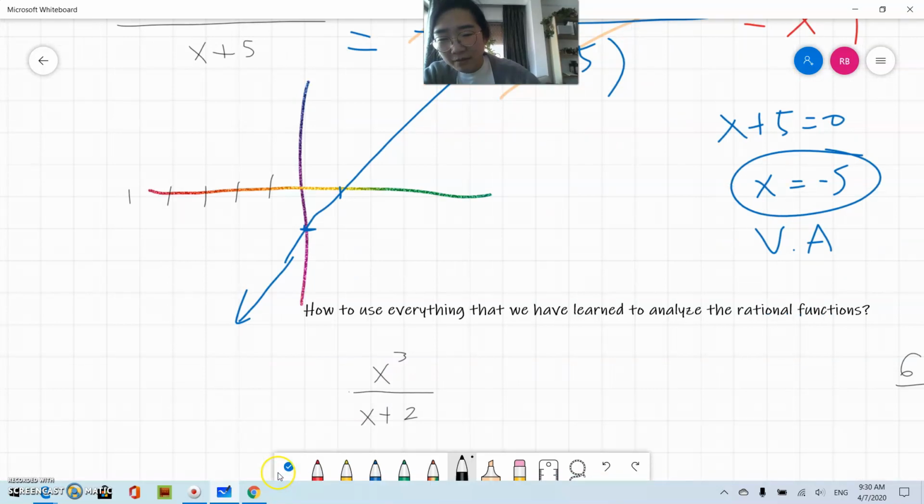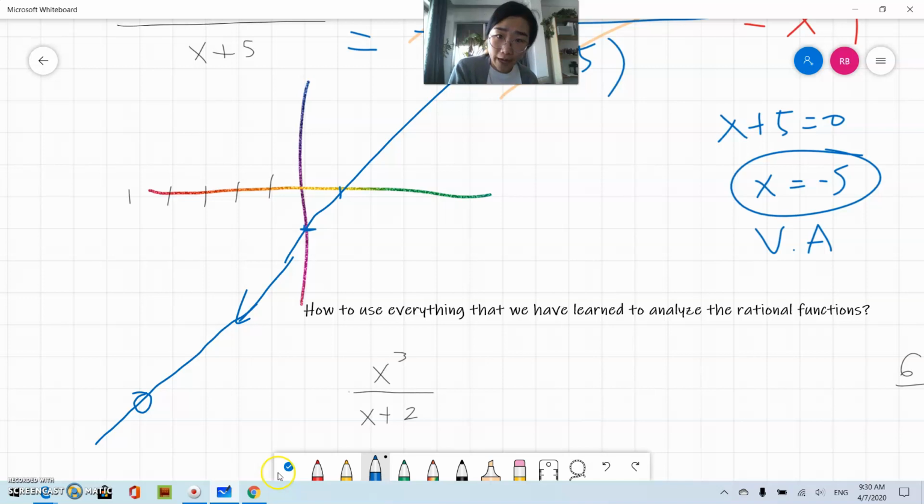Now what it does is that when it passes negative 5, it has a hole. That value doesn't exist, okay? Because your original function had a limitation in the domain, which was that x couldn't be negative 5. So even if you cancel out, that still stays true.